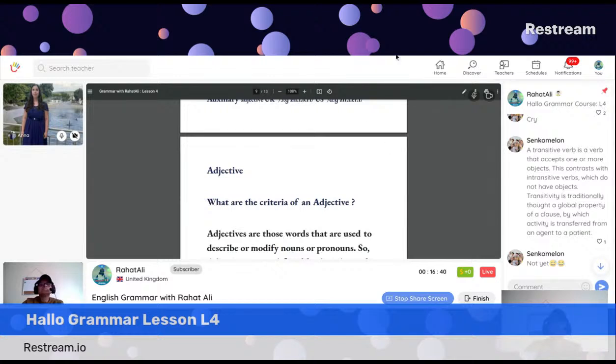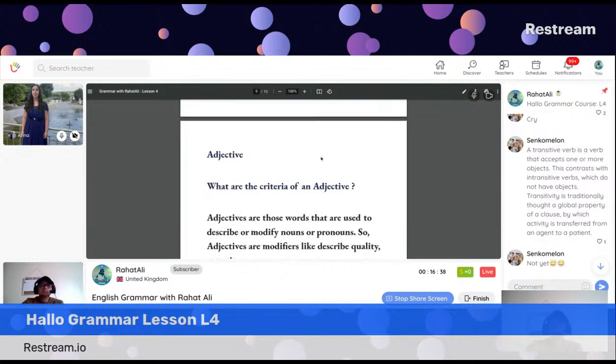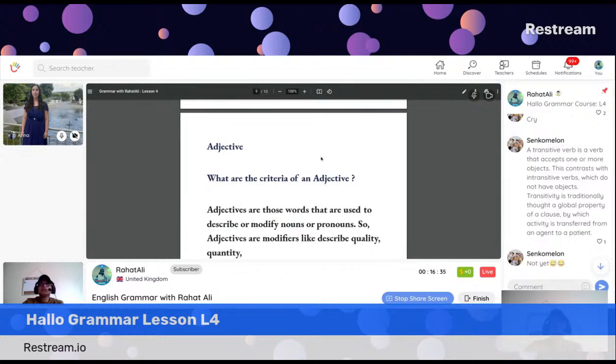For verbs, it is not directly related to verbs, so mostly nouns and pronouns, you're right. And also it modifies. It describes nouns and pronouns, or modifies them. You know the meaning of modify? Yeah, modify like change.